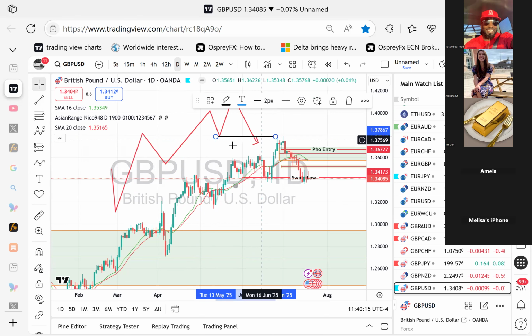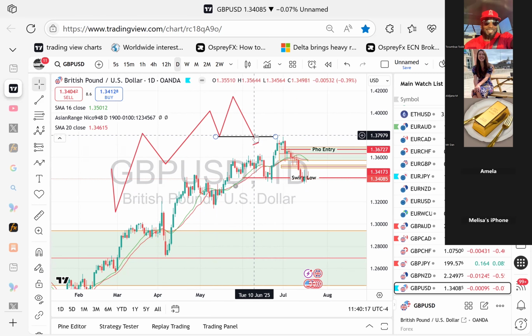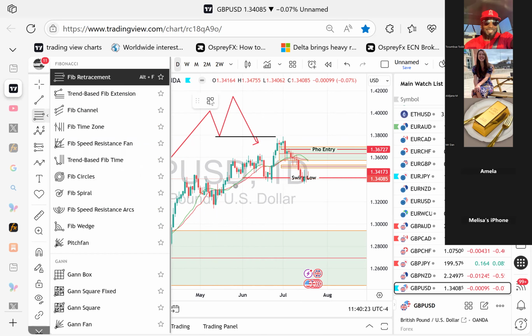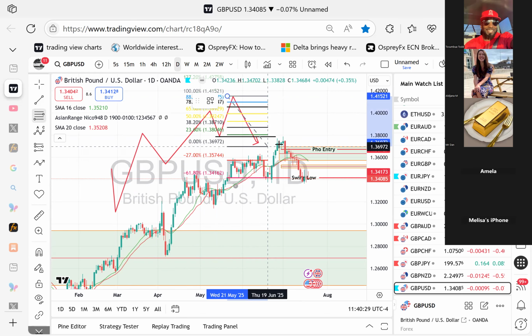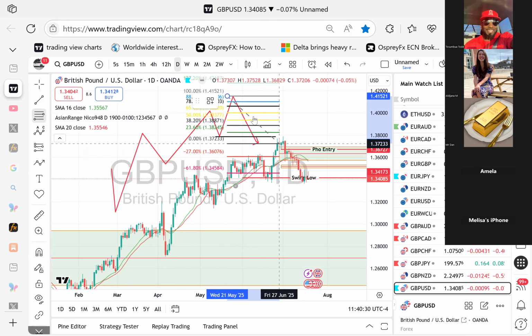Once I see that, all I have to do is go to the chart and fib from my swing high to my new swing low to get the area that I want to see this price trade back up into. That makes sense?